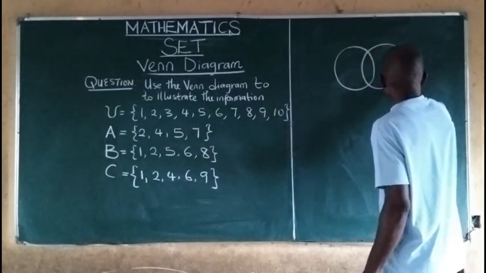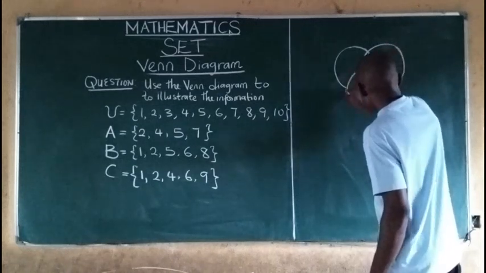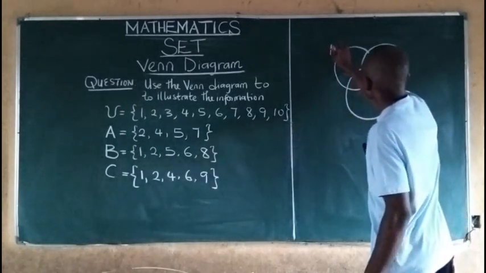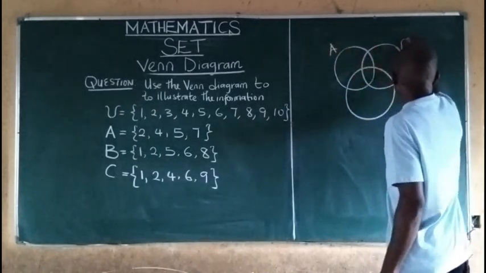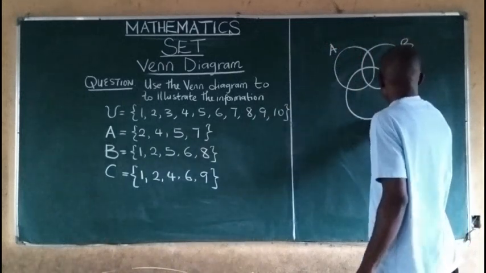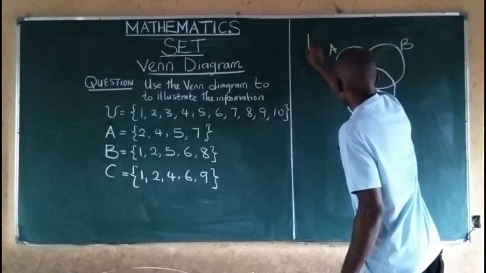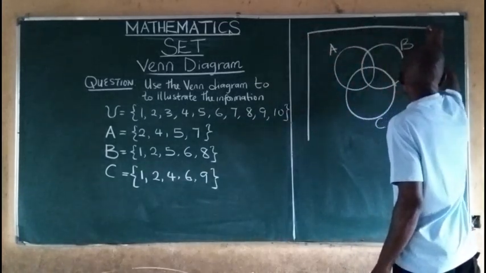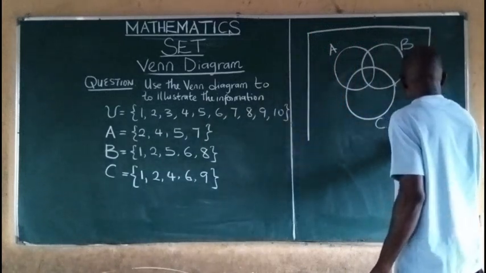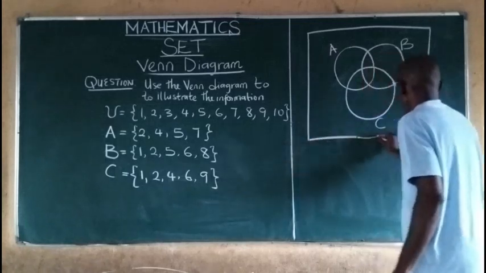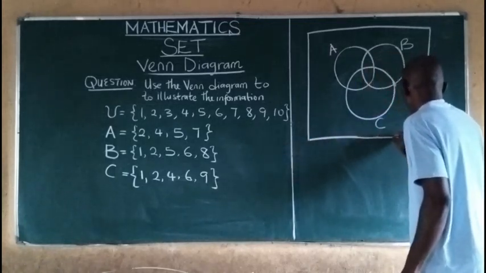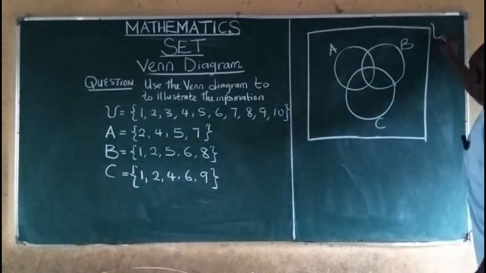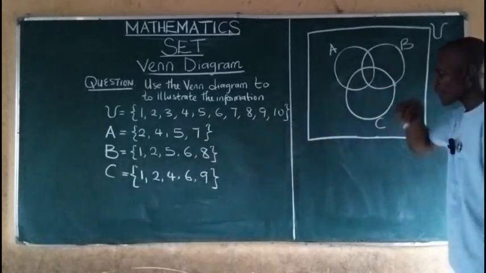Since we have three given items, we say let this be our A, this our B, and this our C. So this becomes our universal set.